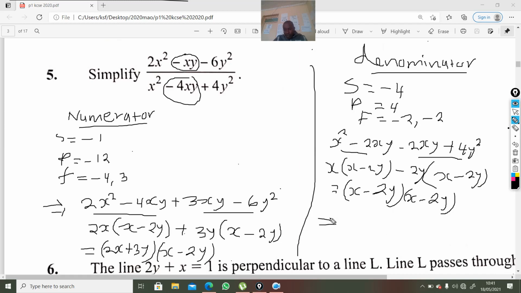It implies that the whole question will become: numerator is 2x plus 3y and x minus 2y, all over the denominator, which we have got as x minus 2y into x minus 2y.